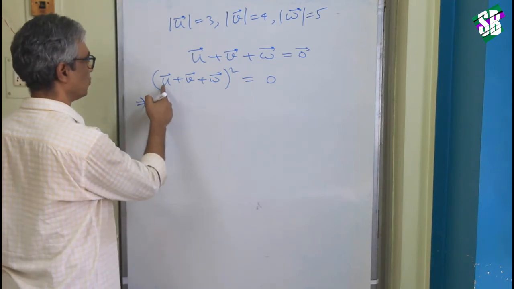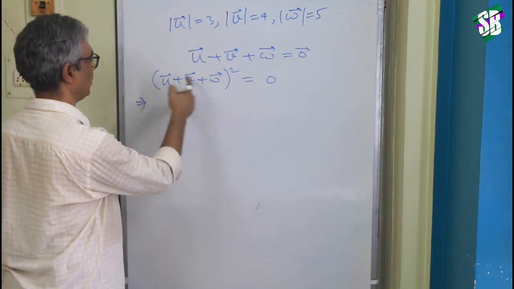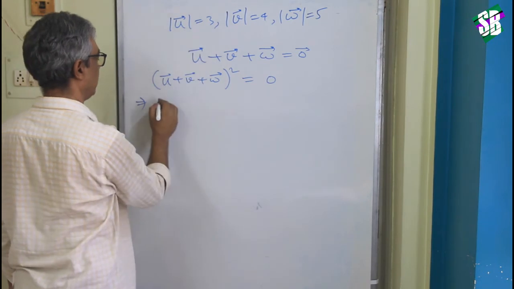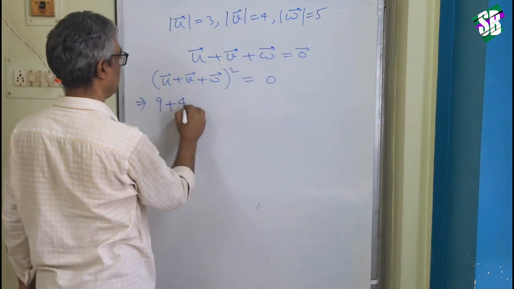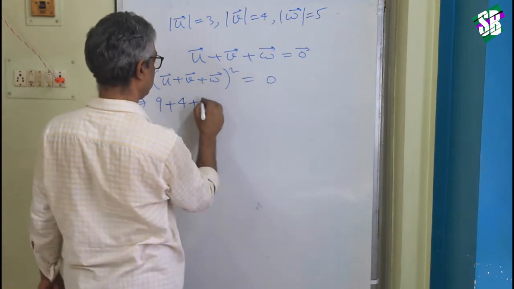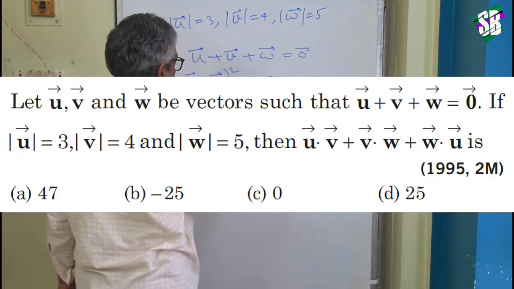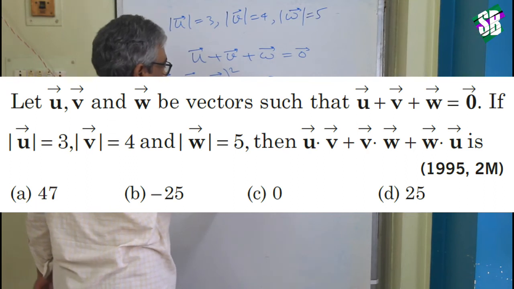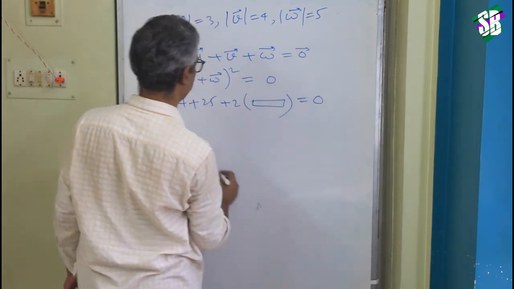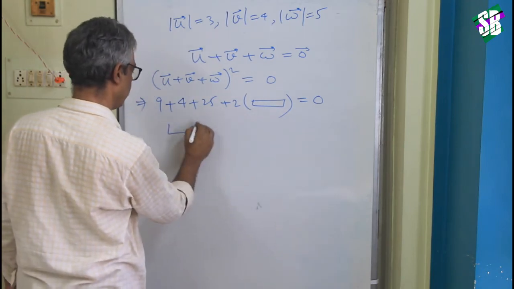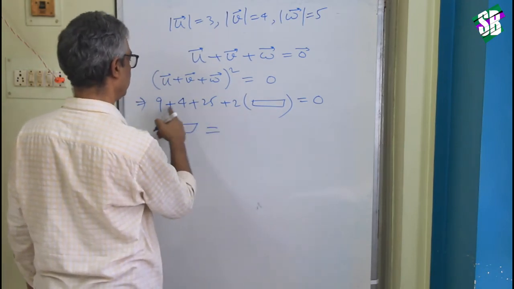So this is this square plus this square plus this square. This square means 9, v vector square means 4, w vector square means 25, plus 2 into what is required equal to 0.